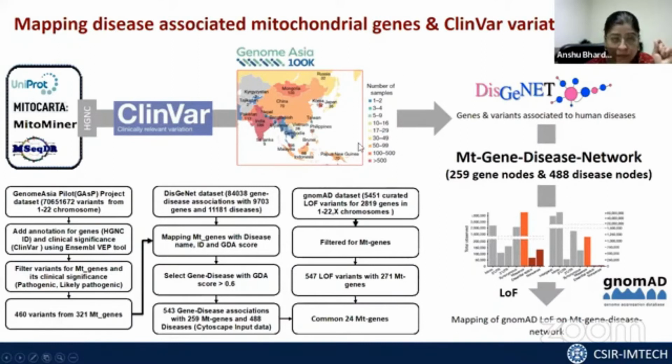We then took all these mappings and mapped them to DisGeNET data, which is genes and variations associated to human disease. So we could generate a mitochondrial gene disease network.